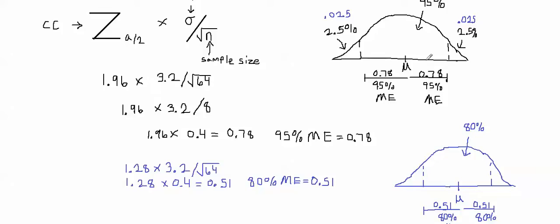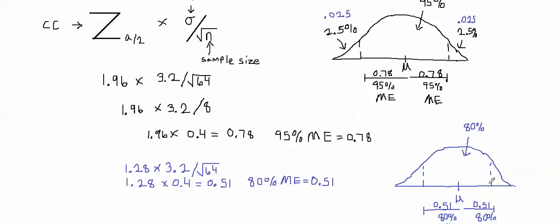Because by definition, the 95% margin of error is the distance from the population mean to the lower end and the upper end of the middle 95%. But the 80% margin of error is the distance from the population mean to the lower end and the upper end of the middle 80%. That's why I'm saying that 80% of the possible samples have a sample mean between these two boundaries.